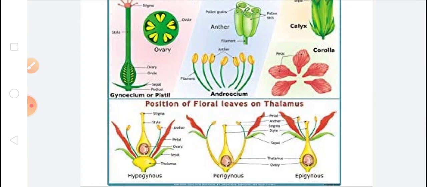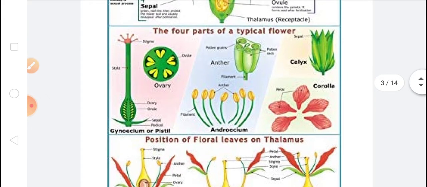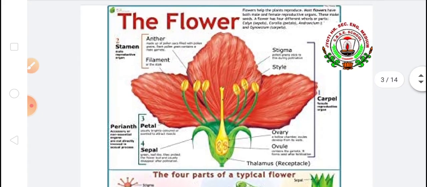Flowers come in a wide variety of sizes, shapes, colors, and arrangements of their floral parts. Some flowers have no sepals, while in others sepals and petals cannot be differentiated. This means sepals and petals fuse to form a different kind of part, which we do not call sepal or petal.